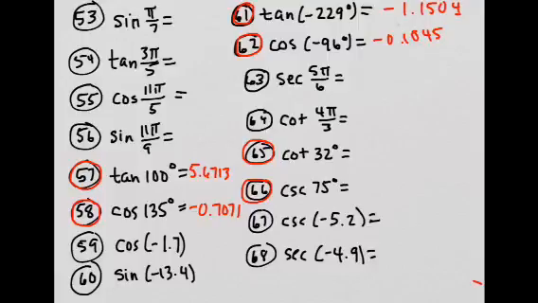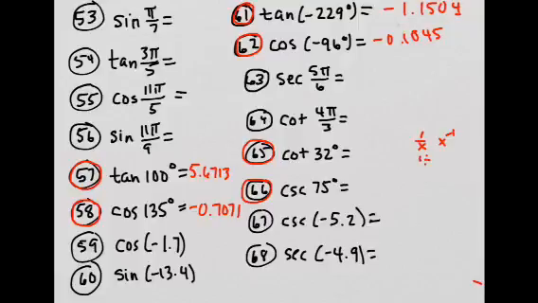Now 65, 66 are reciprocal functions, and there's no key for those, so you have to put in the reciprocal function and then use the reciprocal button. On this calculator that I have, the reciprocal button is 1 over x. I know some of you will have x to the negative 1, or some of you may just want to do 1 divided by.